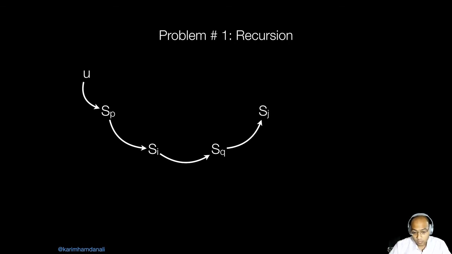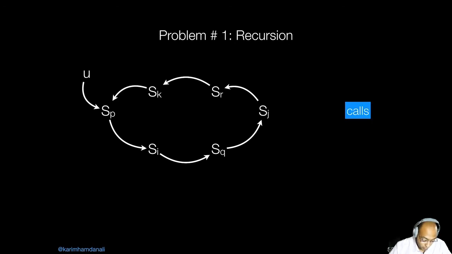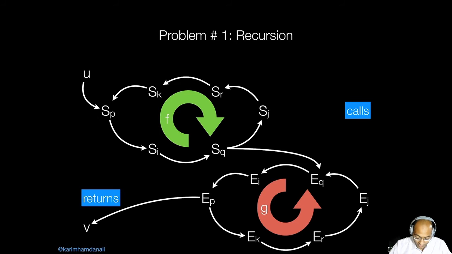I'm going through a series of calls, as you can see, from method P to method I to method Q to method J, maybe to method R, maybe to method K, and then back to method P. So these are the series of calls that I have. And maybe at one point when I'm at Q, I'm exiting the method Q, right? So once I'm exiting the method Q, I have to basically unroll my recursion in the same order that I had the calls into that recursion.